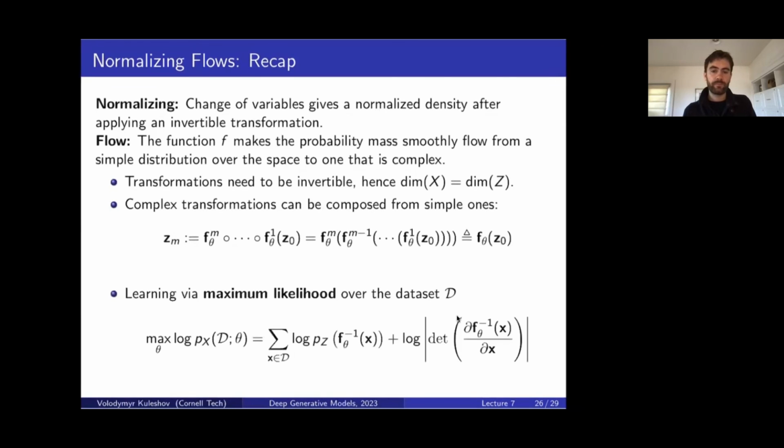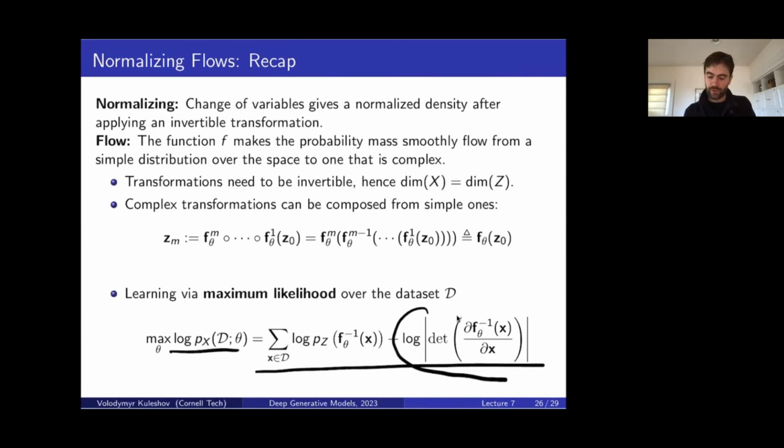All right. And learning in normalizing flows is done using maximum likelihood. So if we form the likelihood, that's log of p of x, we apply our change of variables formula to p of x, now products become sums of logs, and this is the formula for the log likelihood that's derived from the change of variables formula.